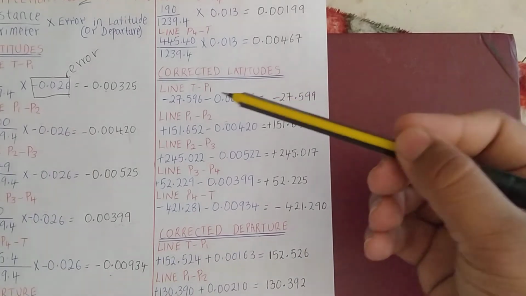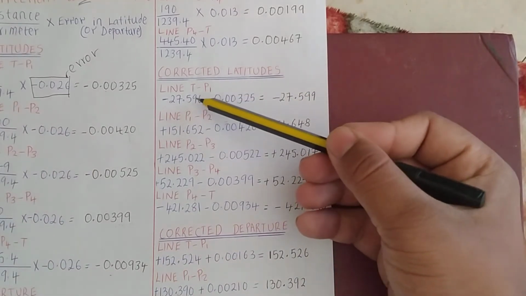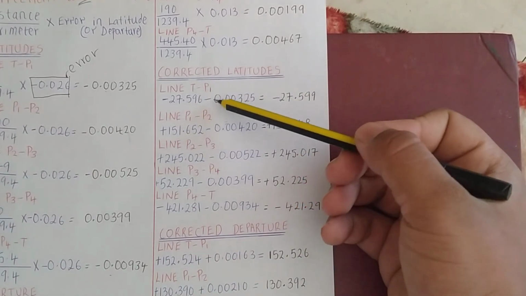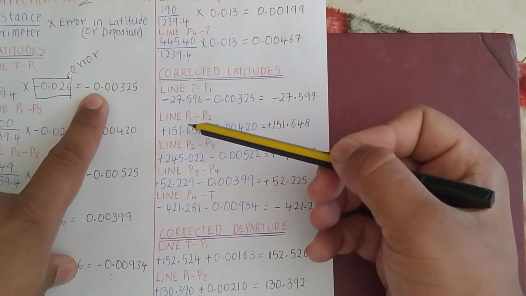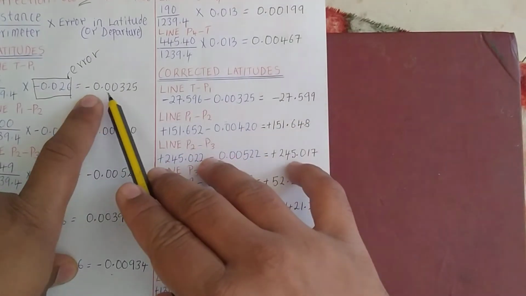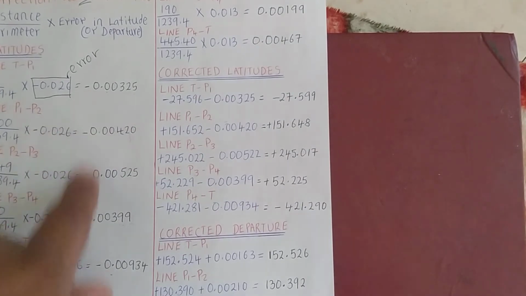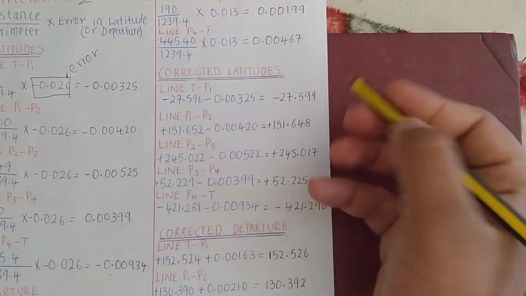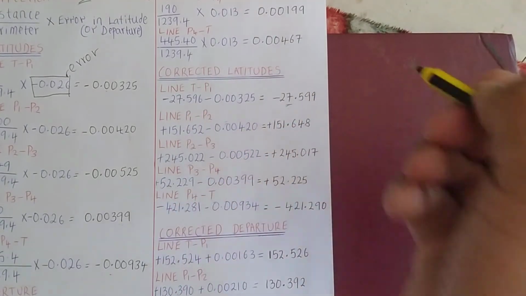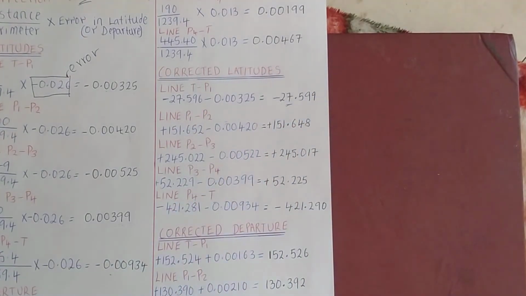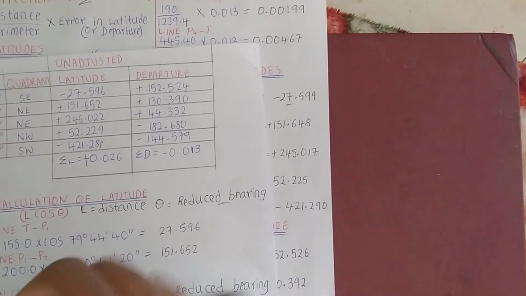So I'll take that and then I'll minus, because our correction was negative 0.00325. So I've taken it and then I got negative 27.599. The same I'll do for line P1, P2.